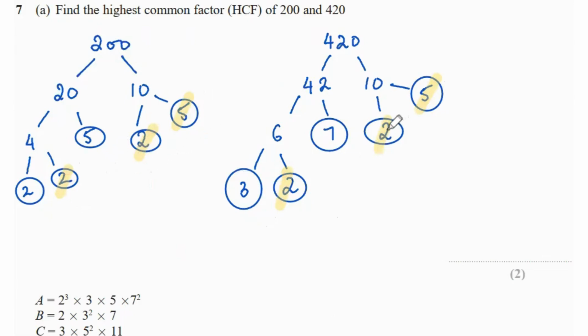We don't have a 3 or a 7 in 200. So those numbers are not relevant for the highest common factor. So our highest common factor is 2 squared times 5. You can write it as a product of prime numbers, or you can write it as an ordinary number, which is 20.